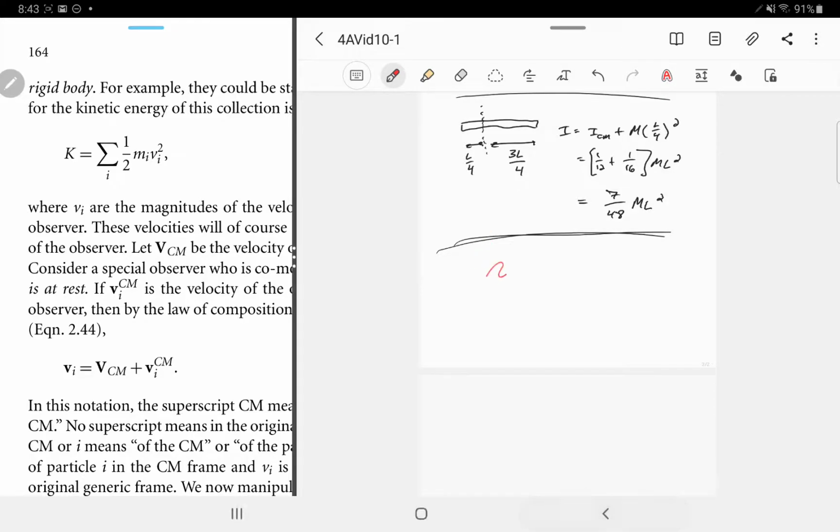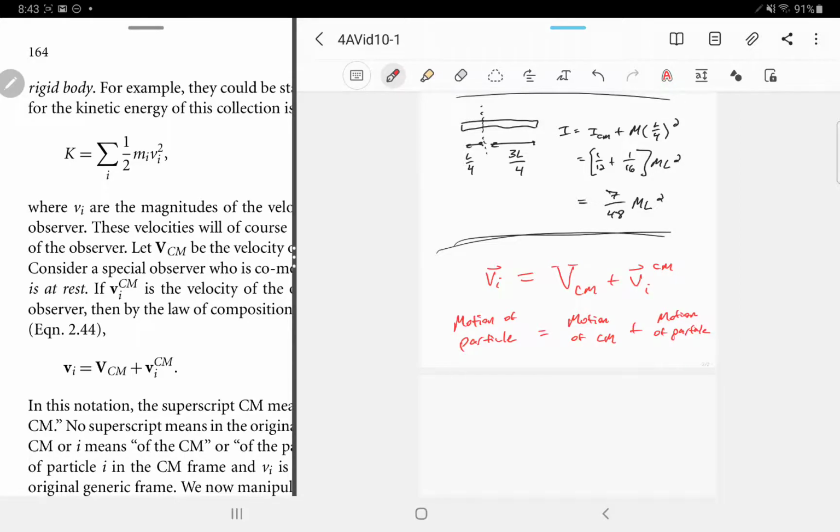So this is v_i. What your book is doing, the velocity of any particle, is actually the same as the relative motion equation, but as applied to rotational bodies. You've seen this before. This is like v_AC equals v_AB plus v_BC. So this is just saying that the motion of a particle in some frame, the general motion, is the motion of the center of mass plus the motion of the particle about the center of mass.